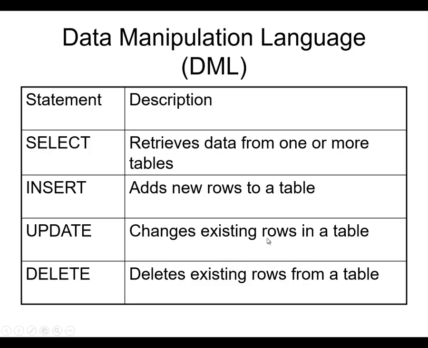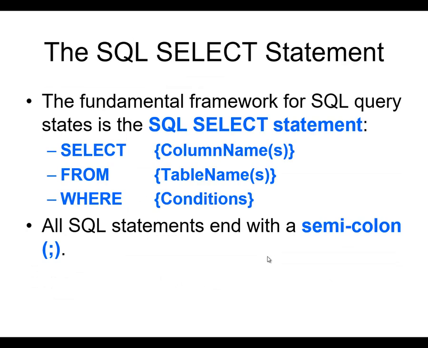If you remember, we talked about that before, and we said that part of data manipulation is select, insert, update, delete. And the fundamental framework for an SQL query statement is the SQL Select Statement. We use the Select Statement to select the required columns from a certain table under specific conditions.